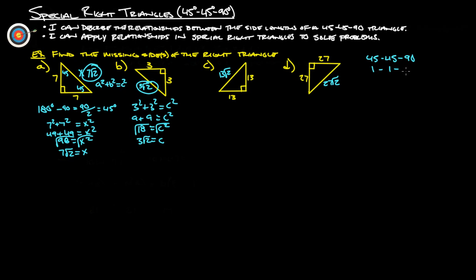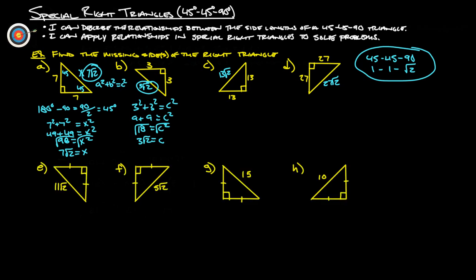So that's 1, 1, and then 1 root 2, or simplified, root 2. There are our handy dandy rules. Let's use that info to find these last 4 examples.